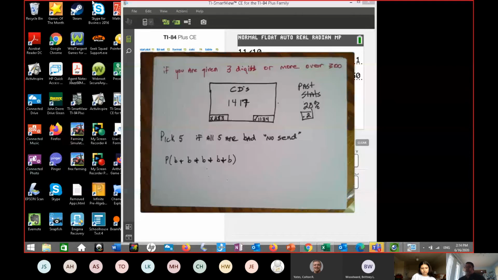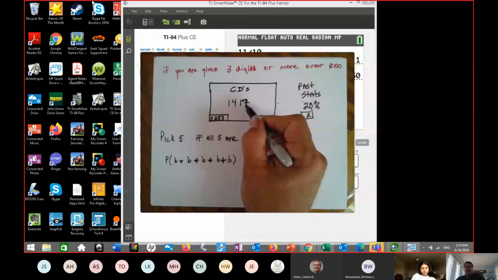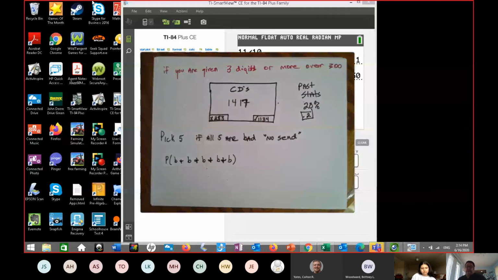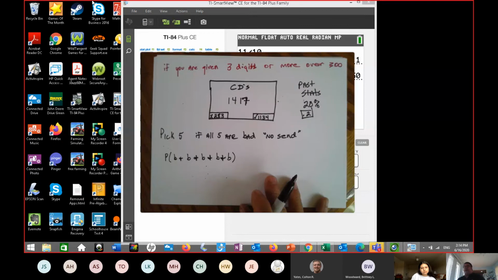Now, we could do it with and without replacement, but it's not going to matter because this is above 3 digits, above 300. So we're going to get pretty much the same number. So I'm going to do with replacement.